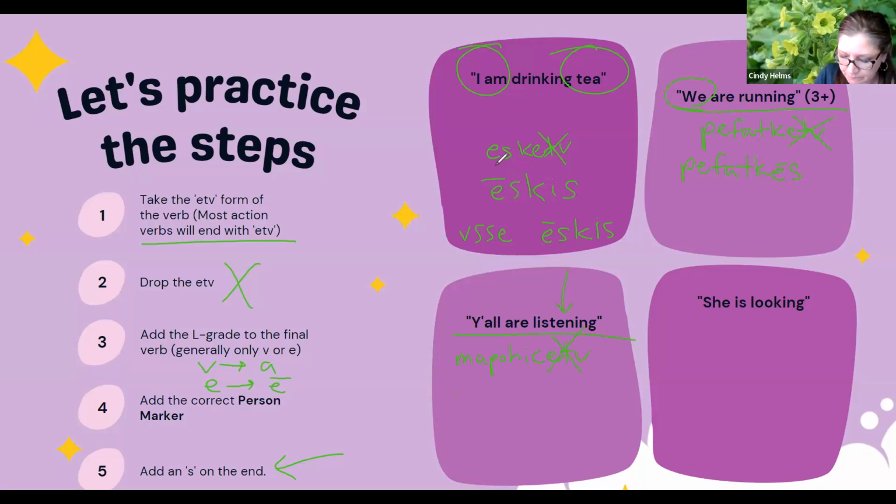Get rid of that ida. Mabohej. Now, the last vowel, the one closest to the end, is that a V or an E? Nope, it's an I, which means we don't change anything, we're good. The I just stays. Next, person marker, y'all, we're looking for y'all. What's our person marker for y'all?